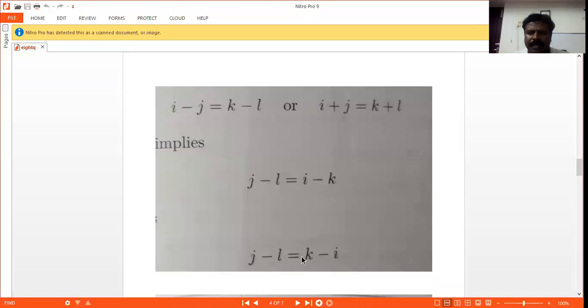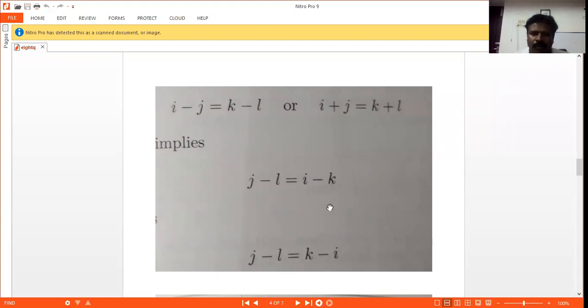Now you can take minus here, so we get i minus k. The difference between these two is a minus sign, so we put the modulus and make it a single equation. Merging these two, we put modulus of j minus l equal to modulus of i minus k. So this one equation is enough to find the diagonal attack.